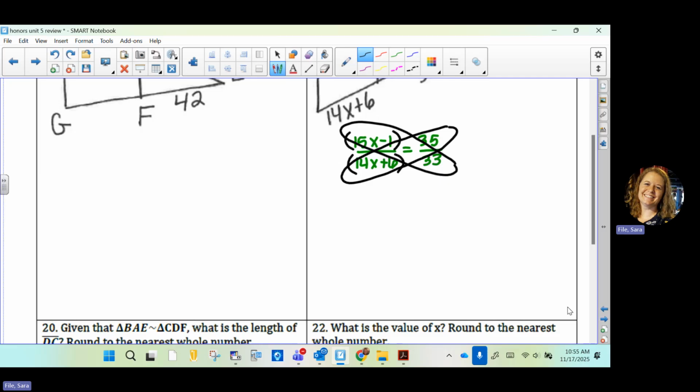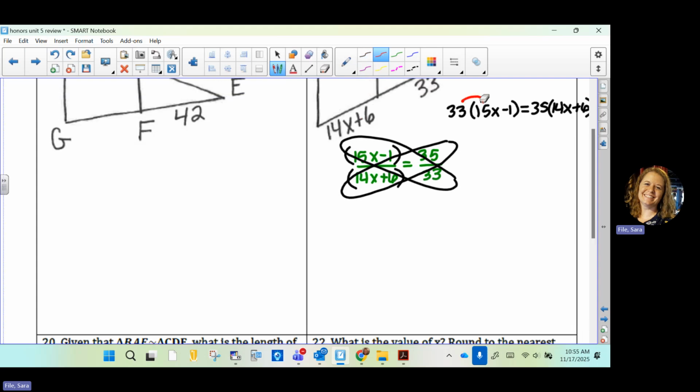Some of you will prefer to write it out pre-distribution. You may prefer to write 33 parentheses 15x minus 1 equals 35 parentheses 14x plus 6, and that's fine. Some of you don't need to show that line, and that's okay too, because we're going to distribute both of these.